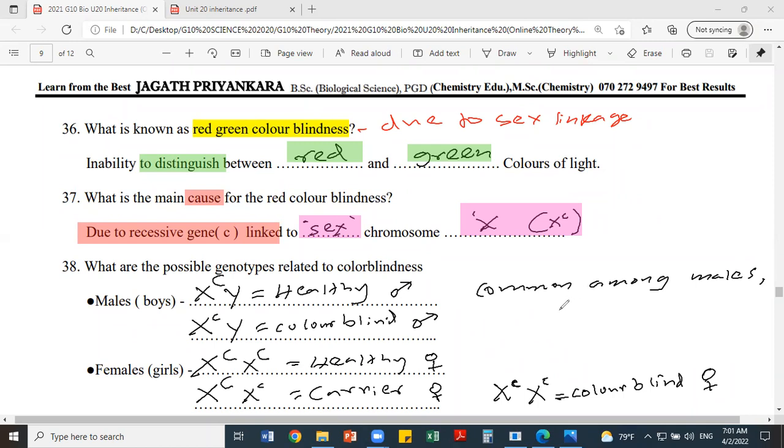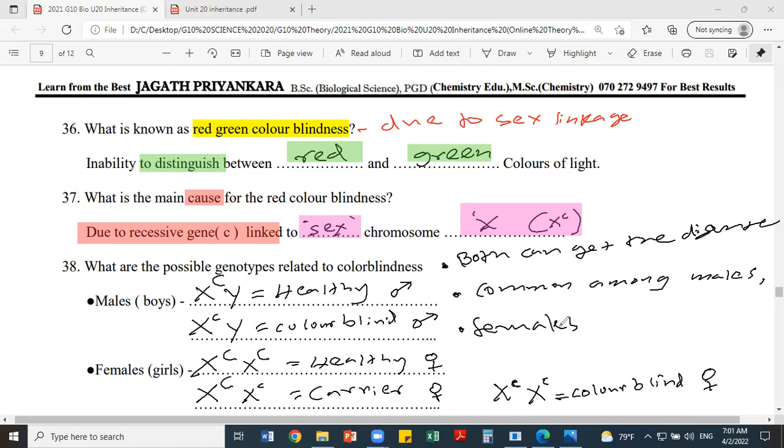Both males and females can get the disease, but it is common among males. Females are the carriers for this also.